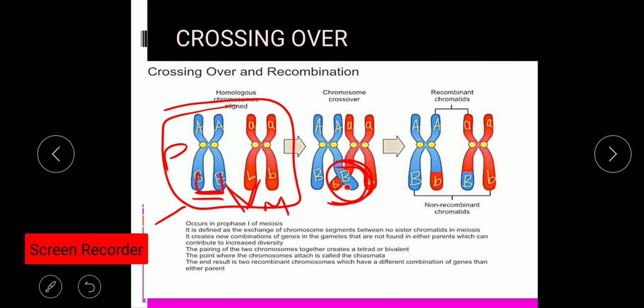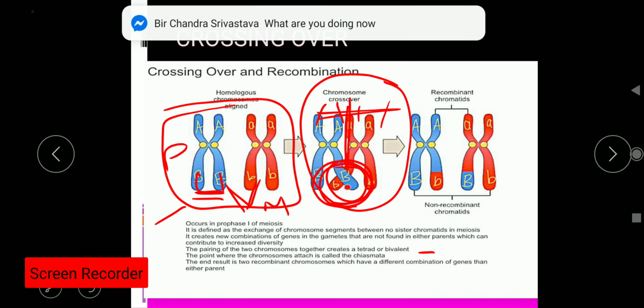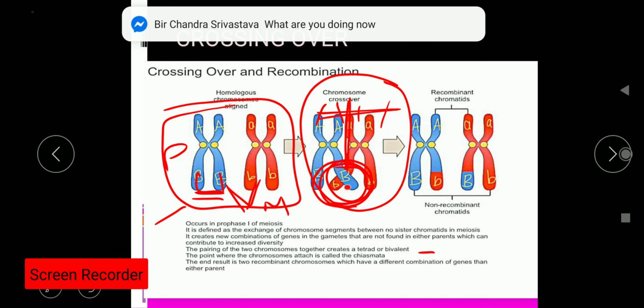This X-shaped structure formed during the crossing over is known as chiasmata. The pairing of two chromosomes together creates a tetrad or bivalent. So 4 chromatids are there, 1, 2, 3, 4. That is why it is known as a tetrad or bivalent. Bi means 2, so they have 2 copies of the similar type of chromosome.